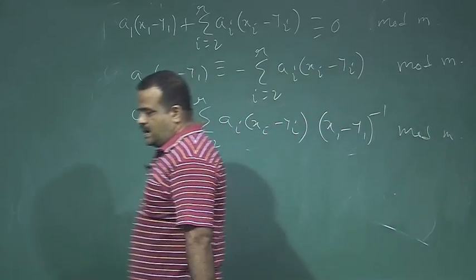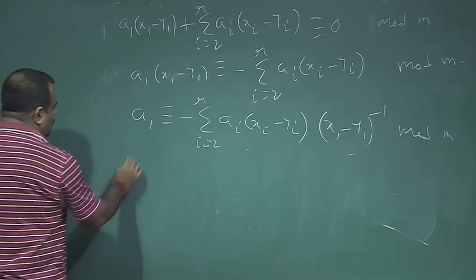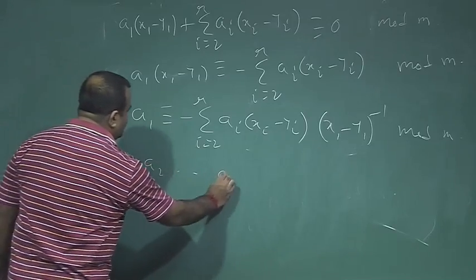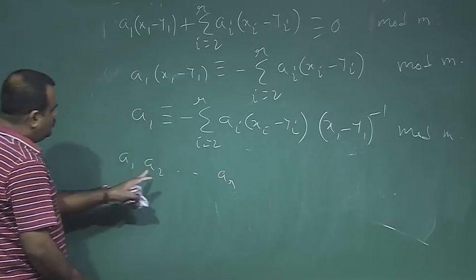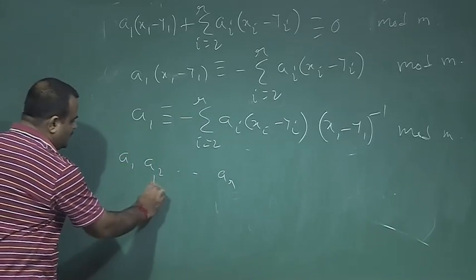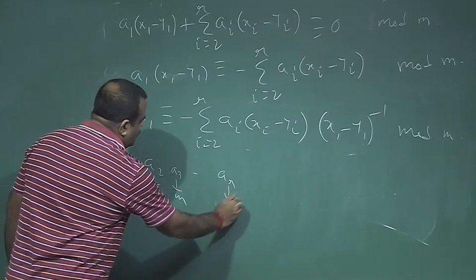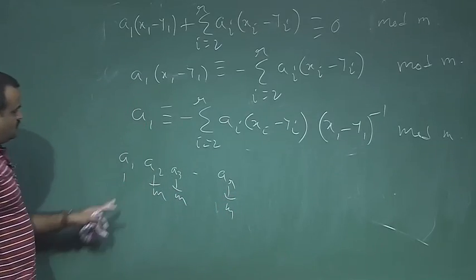So this gives us no choice for a1. If we have a1, a2, ..., ar, once we choose the others, a1 is fixed by this relation. So all the others can be chosen in m ways, but this one can be chosen in only one way.